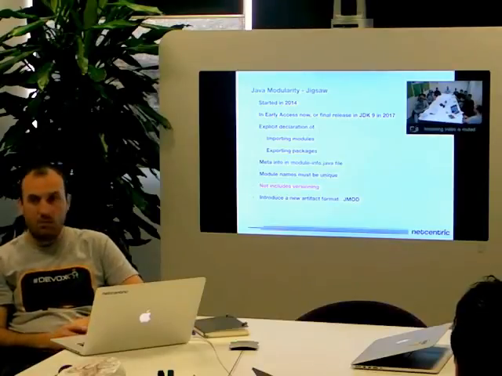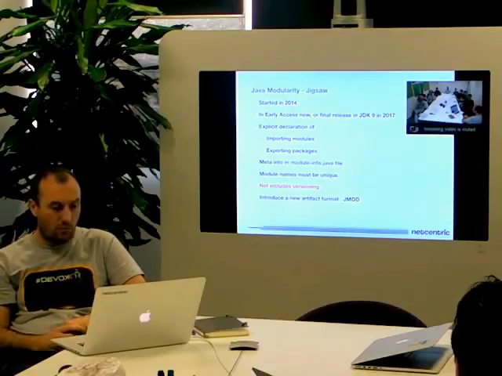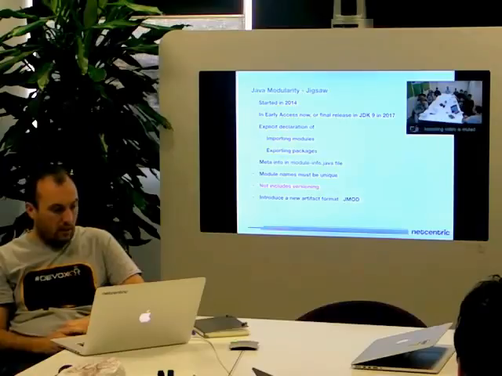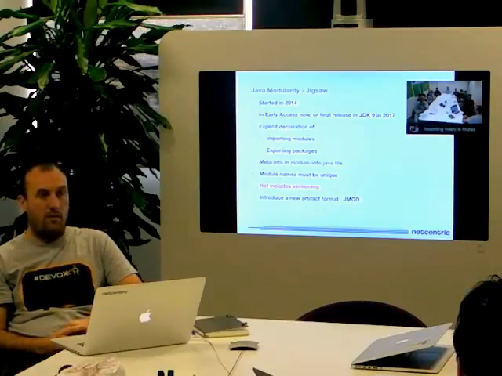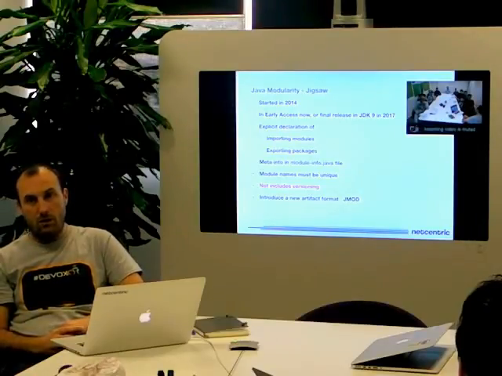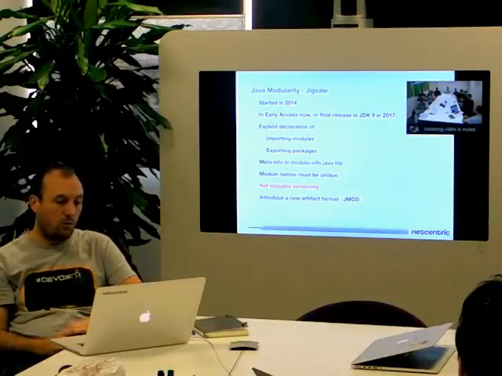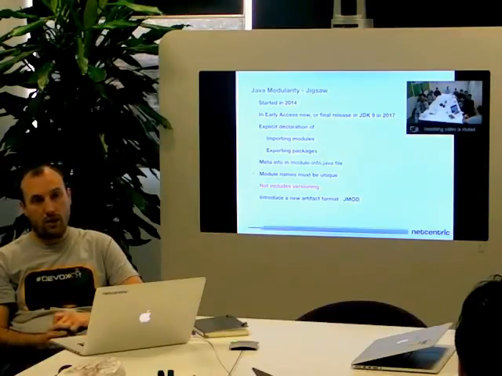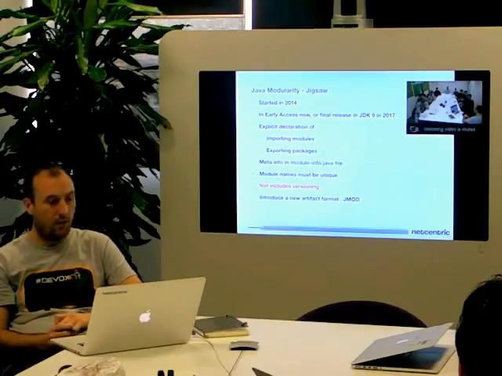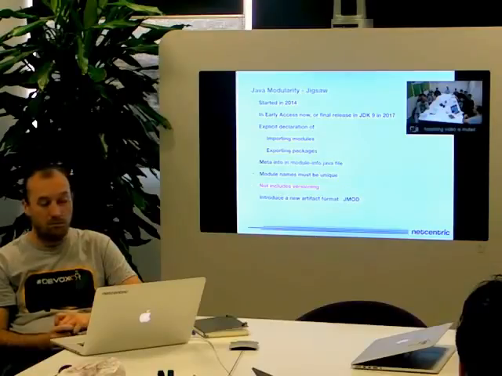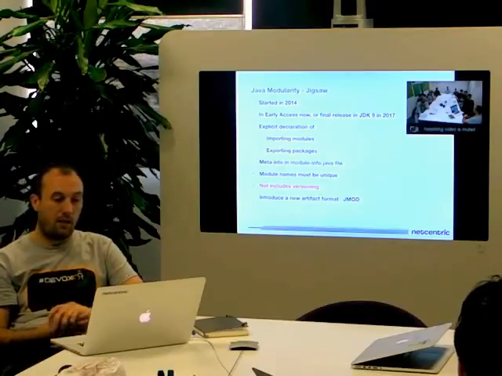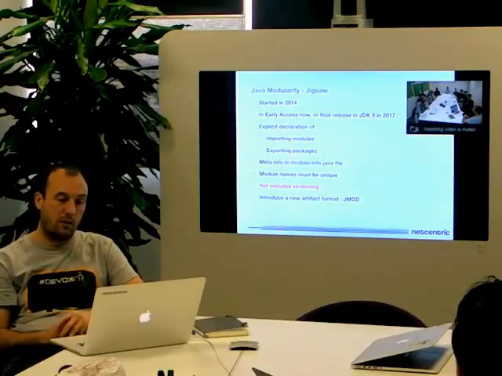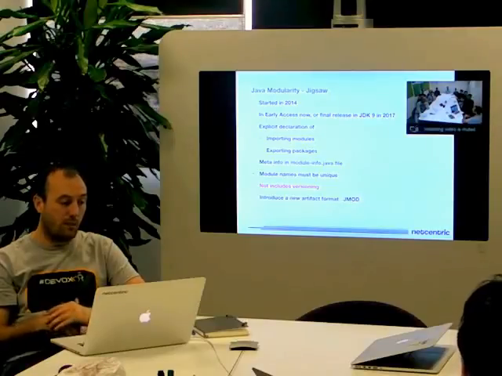Obviously, module names must be unique and it does not cover module versioning. So Jigsaw is not intended to cover versioning at all, so we will face exactly the same problems as we are facing now if we have different versions of the same package in the class path. So it's not fixing that.